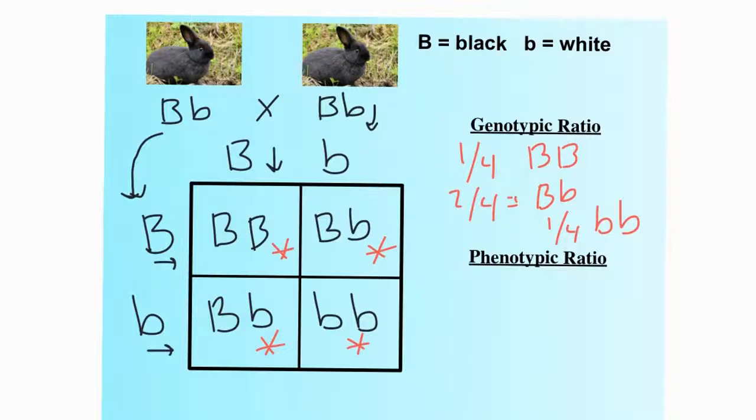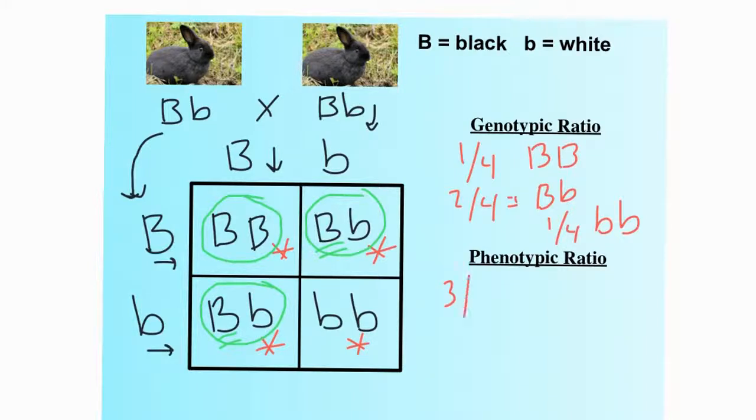Now, what are the phenotypic ratios? It's basically saying, what are these little baby rabbits going to look like? Well, this guy's obviously going to be black because it has two dominant black alleles. This guy's going to be black because it has one dominant black allele. That's all you need. And this one's also going to be black because it has one dominant black allele. So that looks like 3.